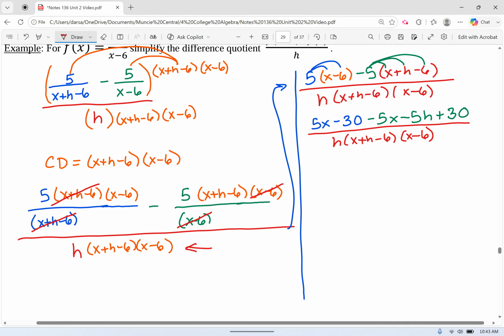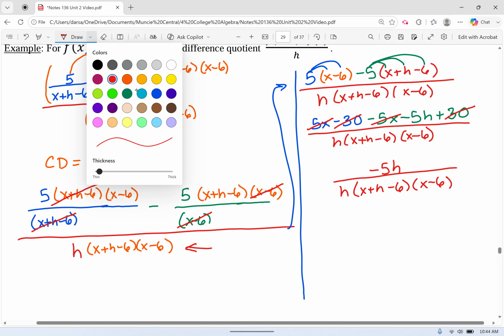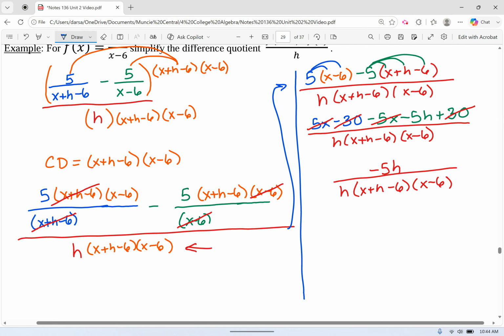Okay, what does that leave us with? Remember, everything that doesn't have an h in it should go away in the numerator. So look, what's 5x minus 5x? That's 0. What's negative 30 plus 30? That's 0. What's the only thing I have left? Negative 5h on the top. And then I have h times x plus h minus 6 times x minus 6 left on the bottom. Remember, our goal was to get rid of that denominator h.